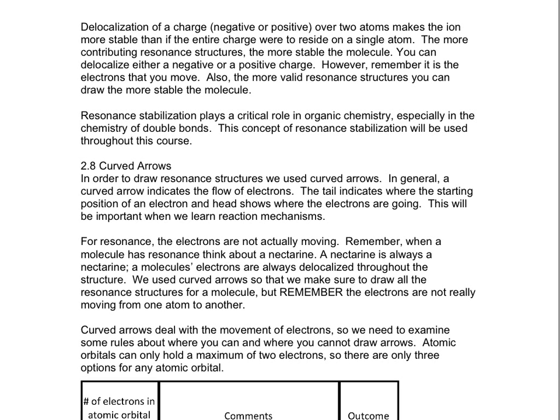When we have resonance, it increases the stability of the molecule. So the more contributing resonance structures you can draw, the more stable the molecule. This is very important to remember. Now we can delocalize either a negative or a positive charge, but we have to remember when we draw the representation, we're going to move the electrons.